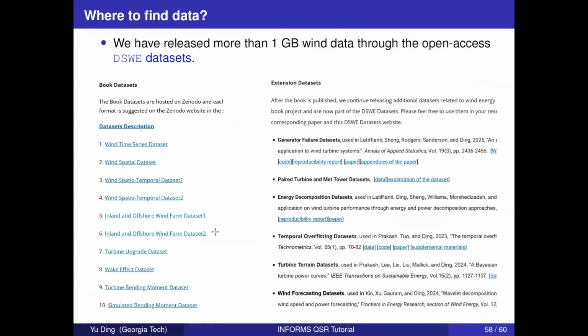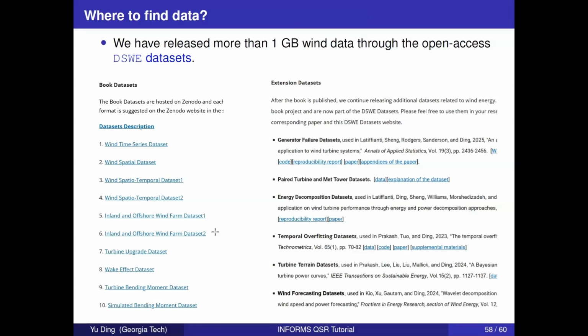Now, one of the questions, if you are interested in doing this kind of work, is where to find the data, right? We had that question in mind when I published that book. So we initially released the 10 data sets when the book was published, and the 10 data sets were primarily used to generate most of the examples in that book.